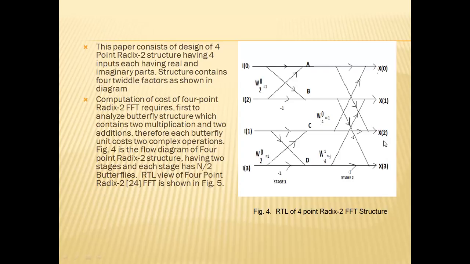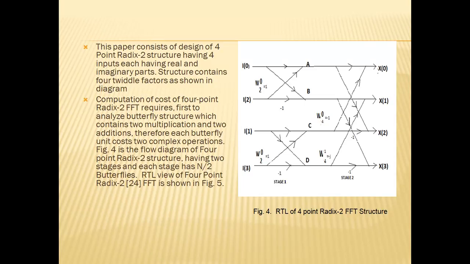We have twiddle factors like W20, W40, and W41 for the calculation. Here it contains 4 butterflies, and each butterfly consists of multipliers, adders and subtractors, as I said earlier. The computation cost of the 4-point FFT requires first analyzing the butterfly structure, which contains 2 multiplications and 2 additions.